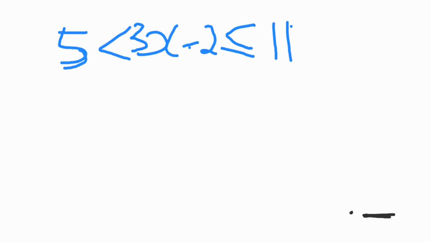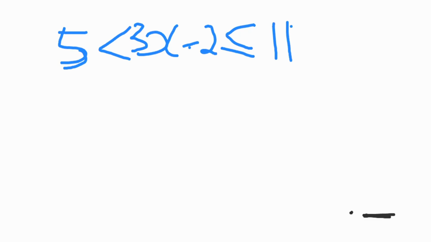And then the less than sign, which means the arrow is pointing towards the middle, 27. So you should have 11 is less than or equal to 4x plus 7, less than 27.